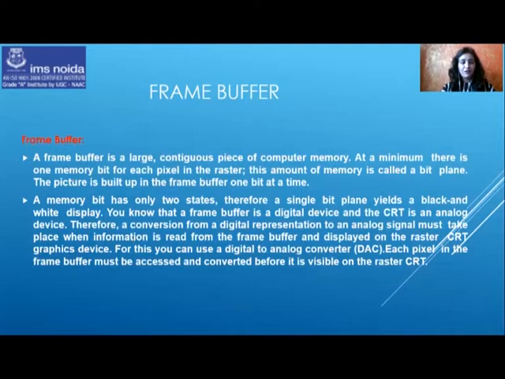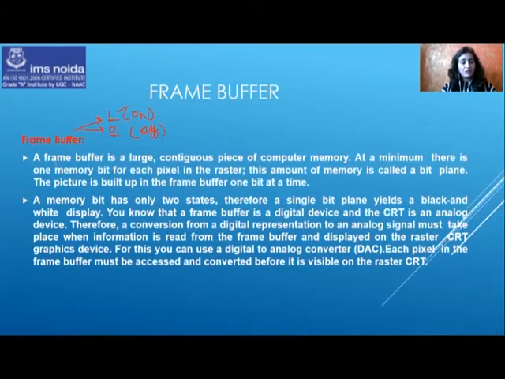The frame buffer consists of pixel values. A value of 1 means the pixel intensity is on, and 0 means it is off. The pixels we want to show on the display area have the value 1, and the pixels we do not want to show have the value 0.